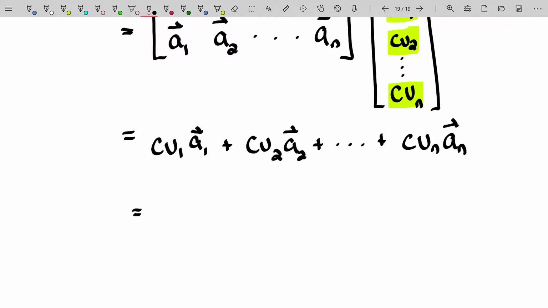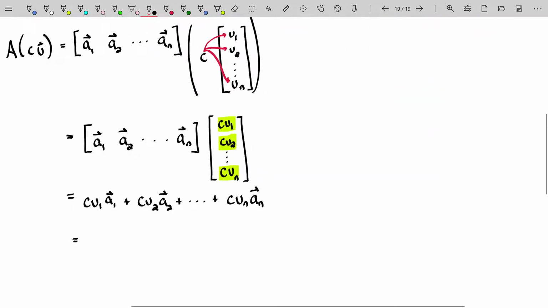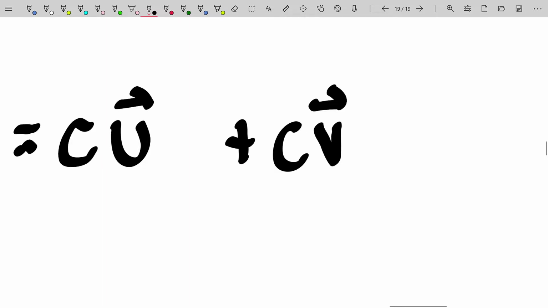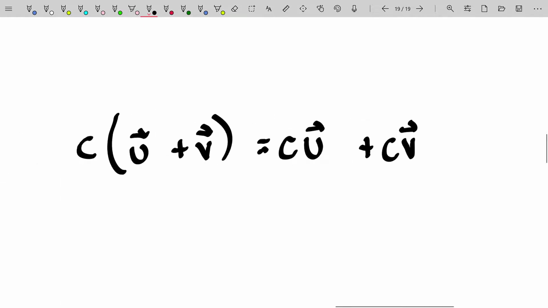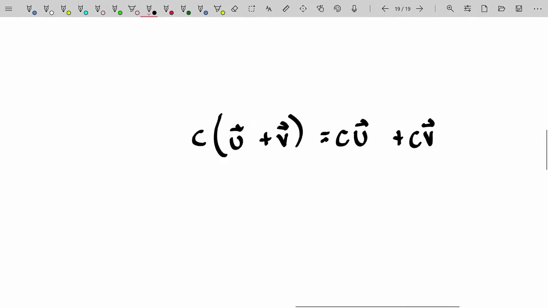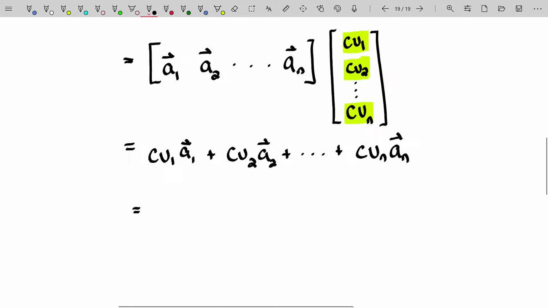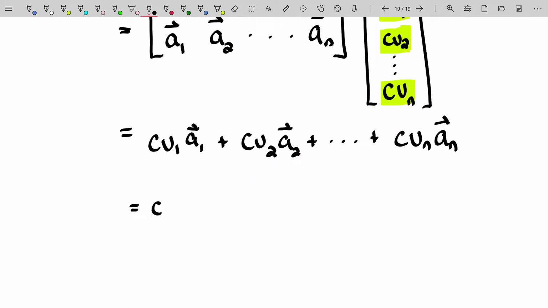There's an arithmetic property of vectors that says the following: c times the vector u plus the vector v is the same thing as c times vector u plus c times the vector v. That is, if I see a common constant in front of the sum of vectors, I can factor that common constant out. And so that's what I'm doing here. I'm going to factor out a common constant c.